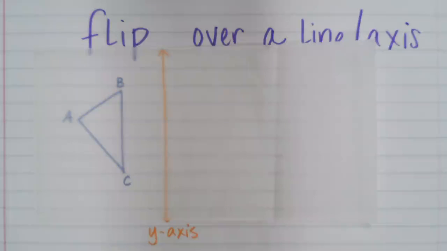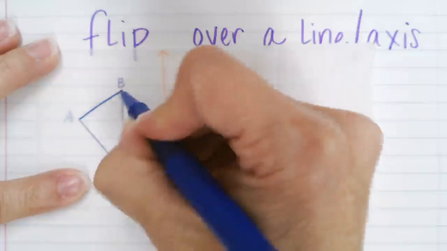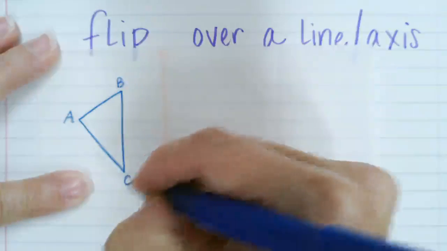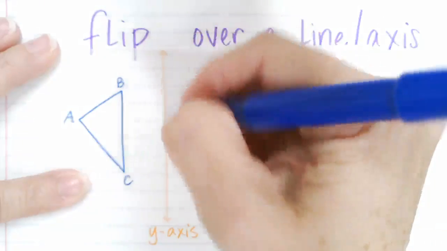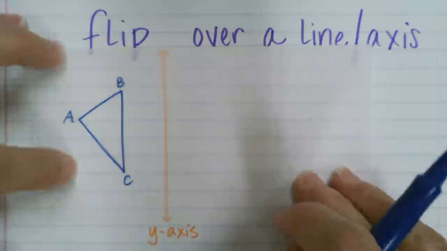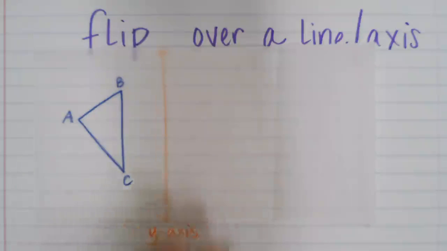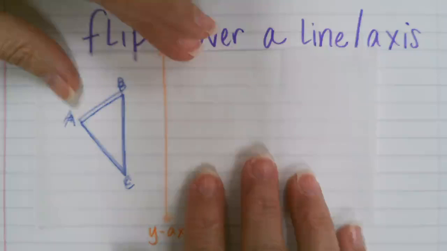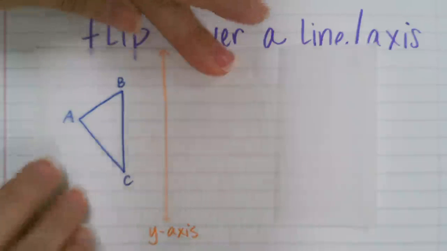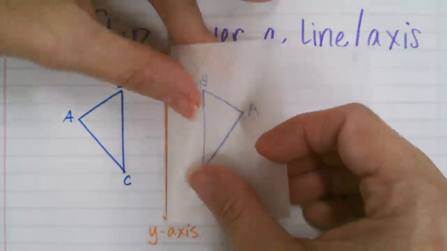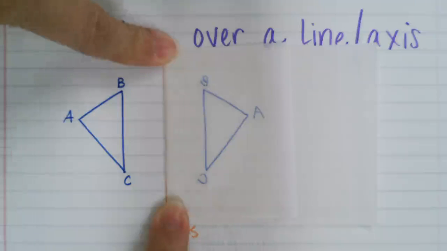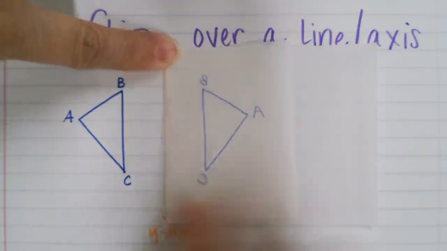If I trace this right here, just to make sure that I get it pretty close to perfect, you can just watch what I'm doing. And then here is our axis, or our line, that we're going to reflect over. What that means is that this shape, let me hold it still, needs to fold over the line, and it's going to end up being like that. So that's how we get a reflection.